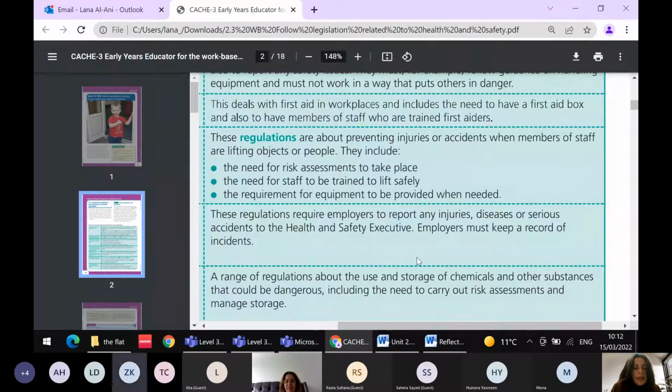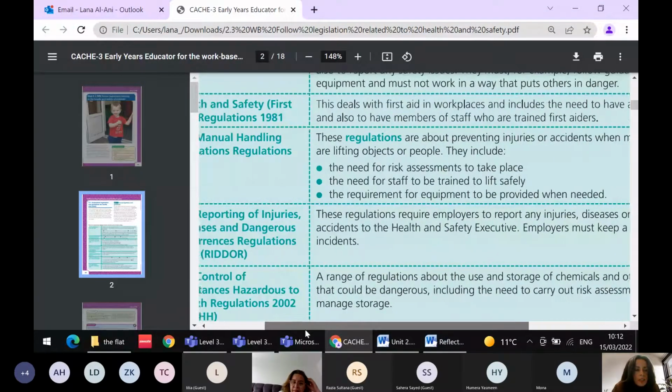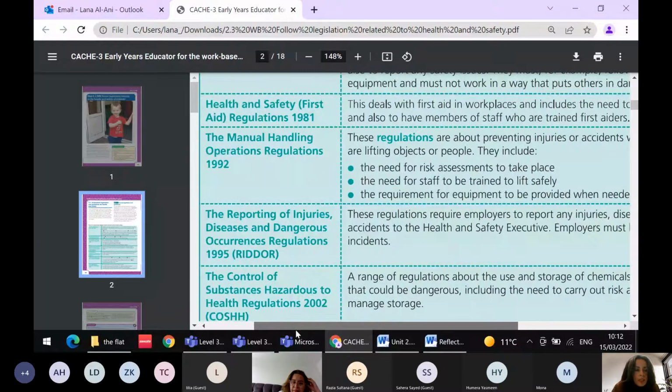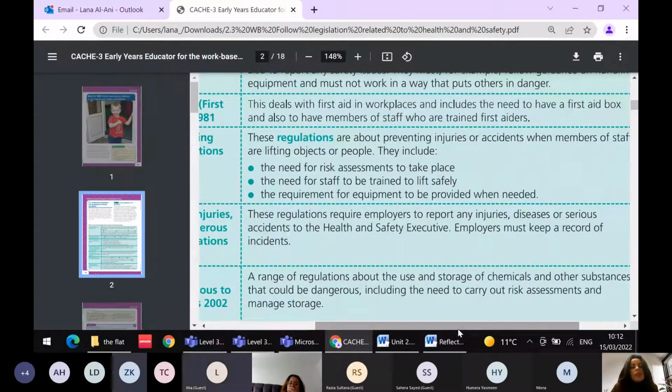This regulation is about preventing injuries or accidents when members of staff are lifting any object or a person. So this is a guidance. This regulation, the Manual Handling Operations Regulations 1992, is all about guiding people and preventing any injuries or accidents when they lift any object or a person.